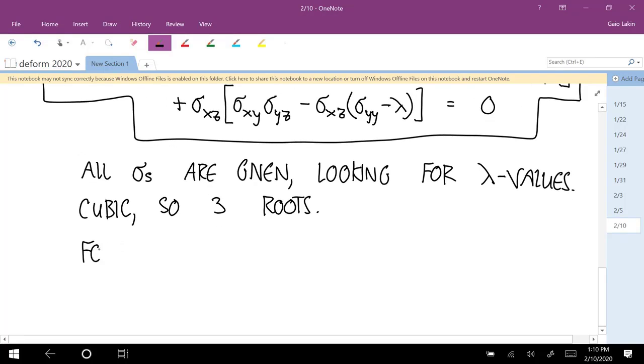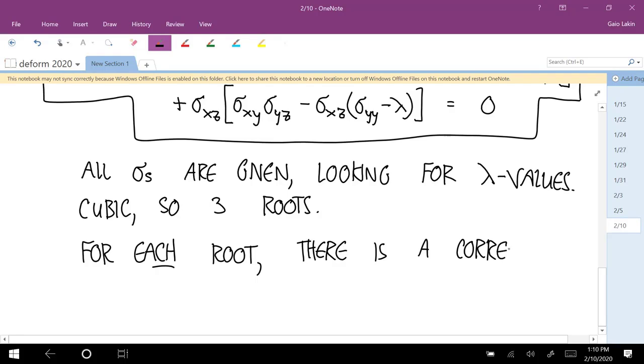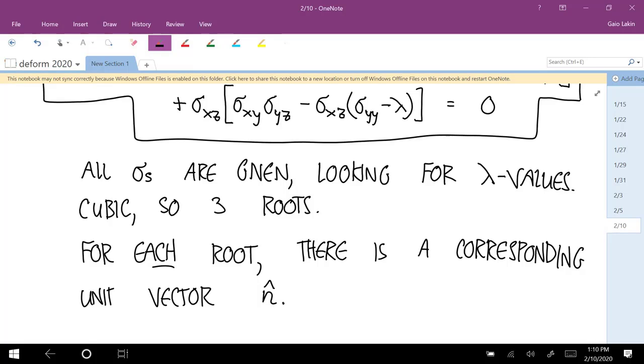And for each of those roots, there is a corresponding unit vector n. Okay. So that's the idea.